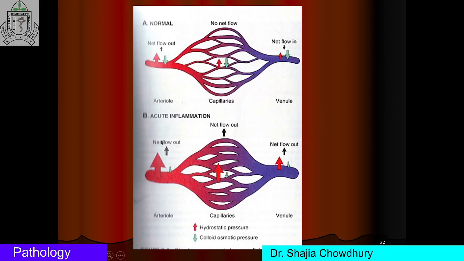Net outflow is increased, and there is escape of plasma, protein, and inflammatory cells from the blood vessel to the outside due to increased hydrostatic pressure and colloid osmotic pressure. Here the normal blood vessel, and in the inflamed blood vessel it is dilated, with increased net outflow and leakage of plasma protein, inflammatory cells and plasma from the blood vessel to the outside.